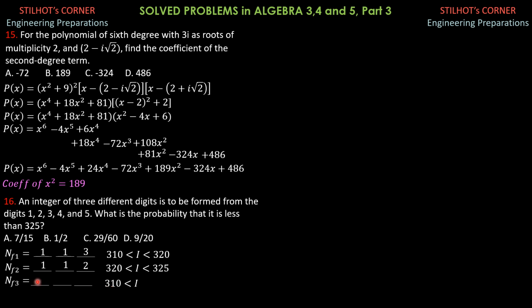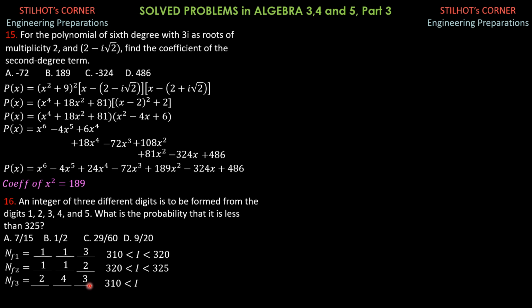So 1 and 2. So there are 2 ways to assign a digit here. Then after we assign a digit here, 4 digits left. So there are 4 ways to assign a digit here. Then after assigning a digit here, 3 digits left. So there are 3 ways to assign a digit here. So 2 times 4, 8 times 3, 24, plus 5, 29.